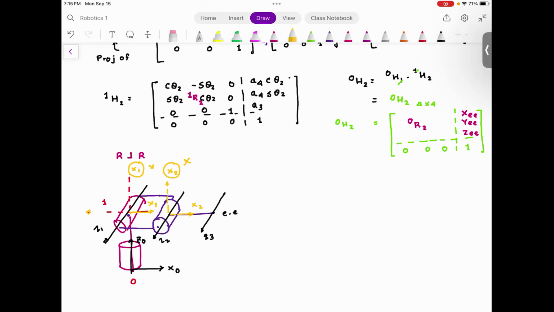And lastly, I would have X3 in the same direction over here. I would not use this as X2. So I defined my X0, X1, X2 and X3. I have my Z0, Z1, Z2 and Z3.